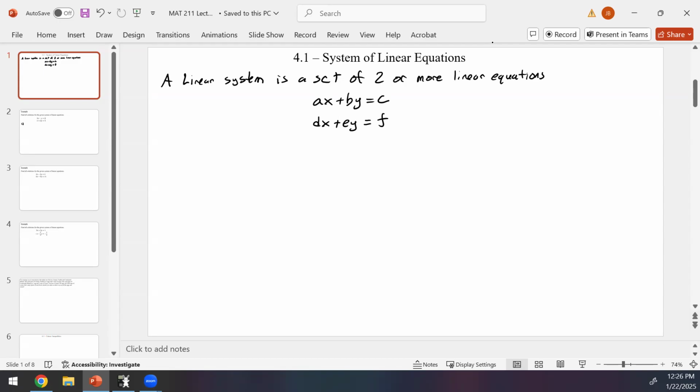And our main goal with these is being able to solve them, right? So what does it mean to actually solve one of these?